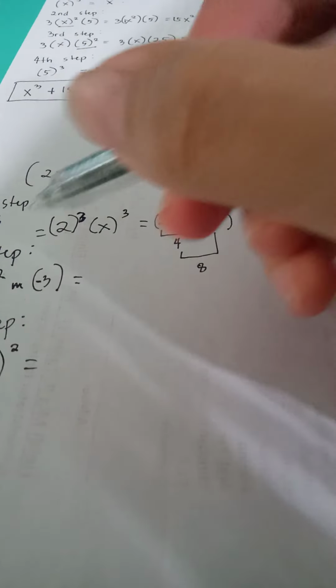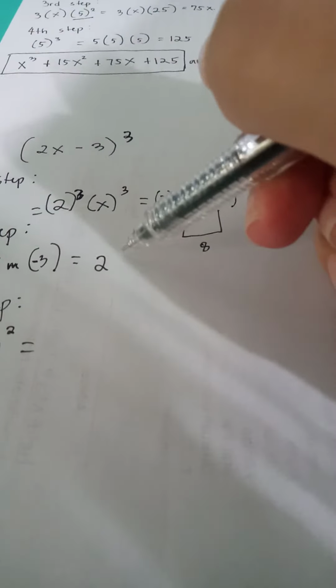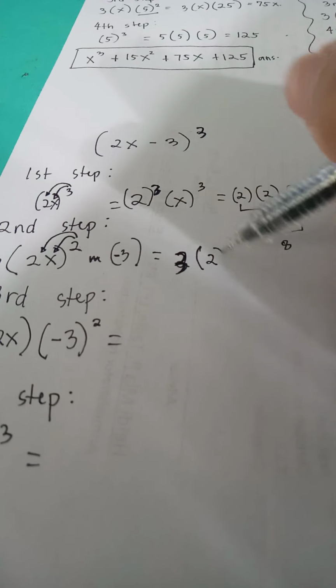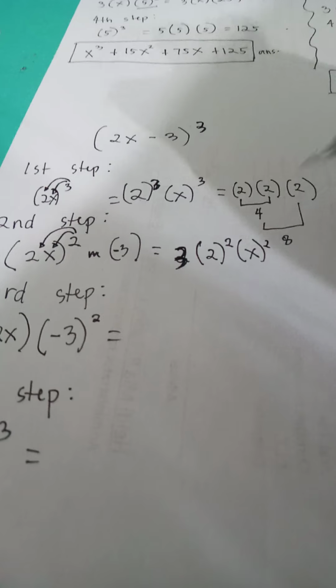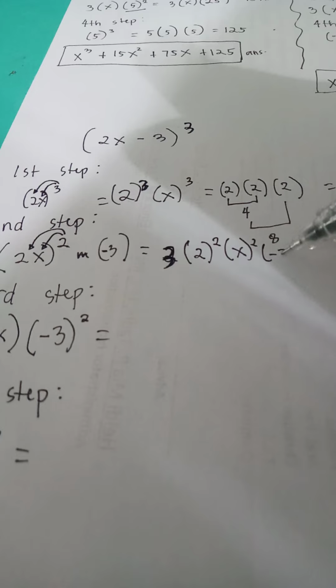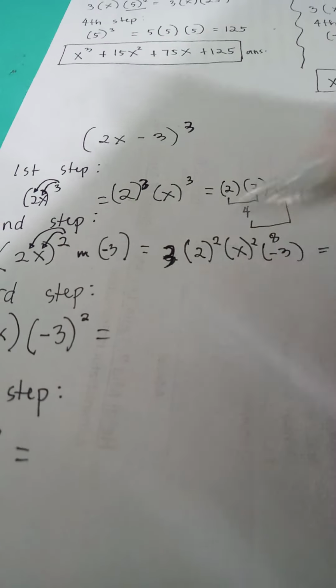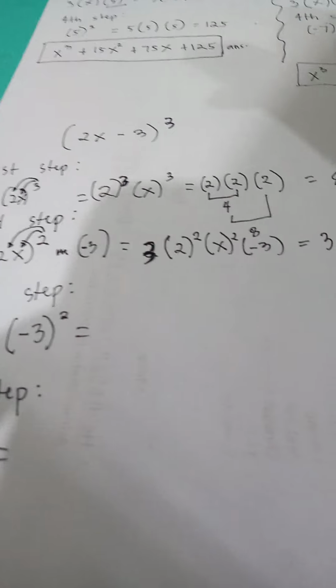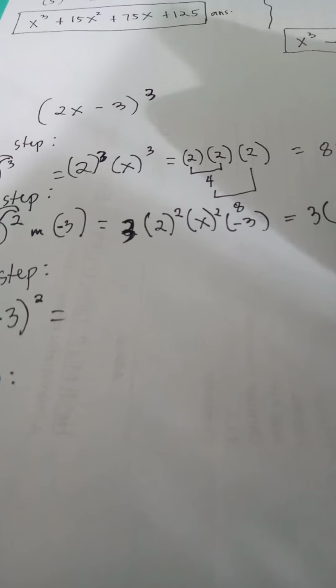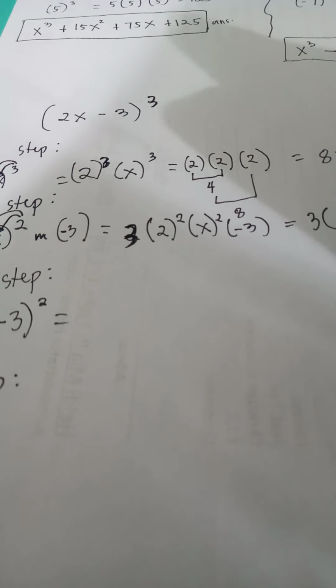Next, the second step, we have 3 times 2x squared times negative 3. Again, we are going to distribute this one dito, tsaka dito. So, that is 3 times 2 to the power of 2 times x to the power of 2, and then times negative 3. Okay. First to manipulate is the parenthesis na may exponent. So, 2 times 2, that is 4.